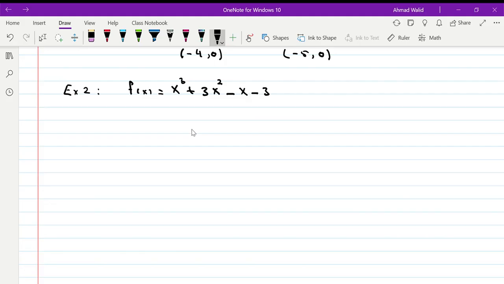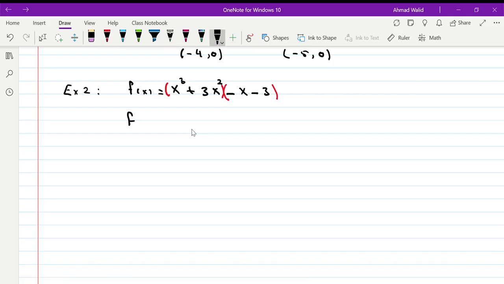Right now, if I ask you to find the zeros of this polynomial function, the only method you know is factoring. How do you factor a polynomial function which has 4 terms? Definitely, I will use grouping, because usually with 4 terms, we use grouping to factor.